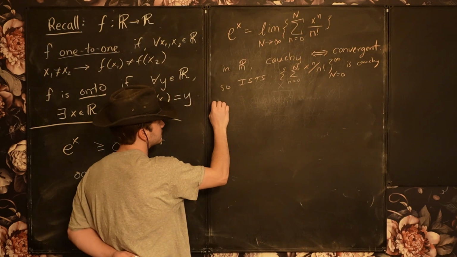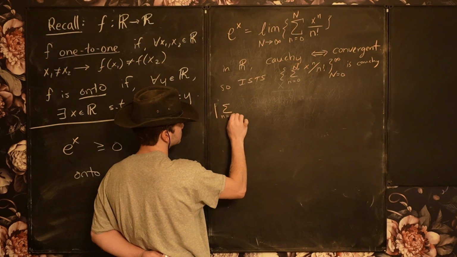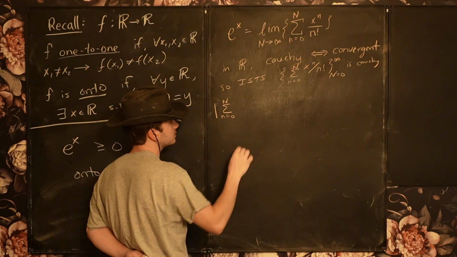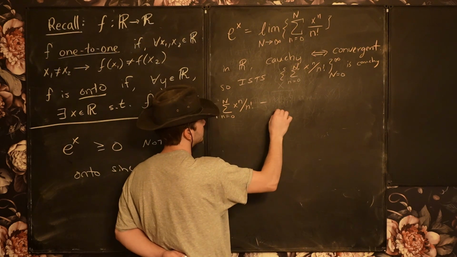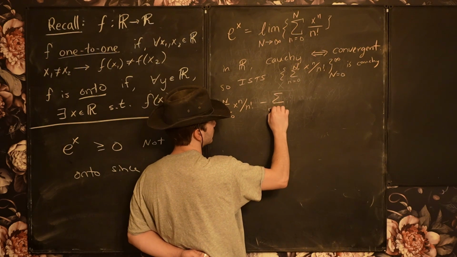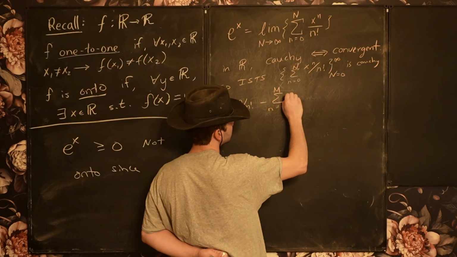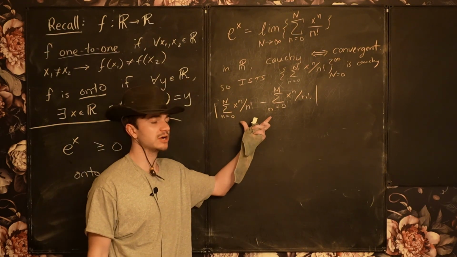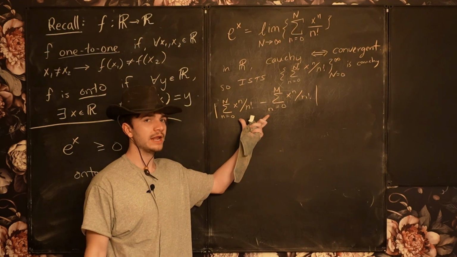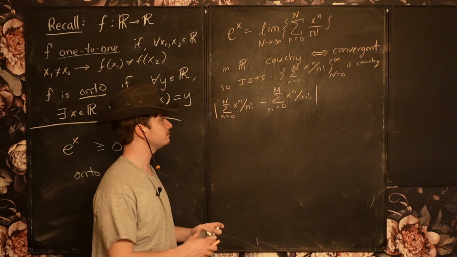And so we're going to take the summation from n equals 0 to capital N of x to the n over n factorial, minus the summation from n equals 0 to capital M of x to the n over n factorial. You need to show that this expression goes to 0 in N and M to show that the sequence is Cauchy.